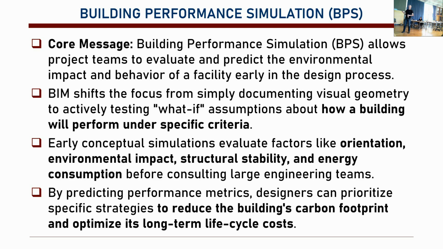In that regard, we look into the orientation of the building, the environmental impact, like the number of users, the time they spend in the building, the energy requirements for satisfying them, etc. Structural stability or energy consumption, for instance. We can also look into how we can reduce the carbon footprint of our building.